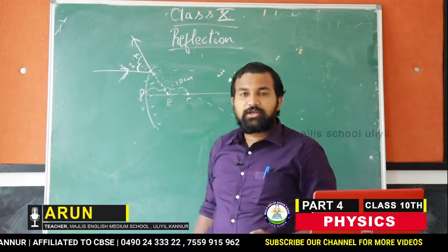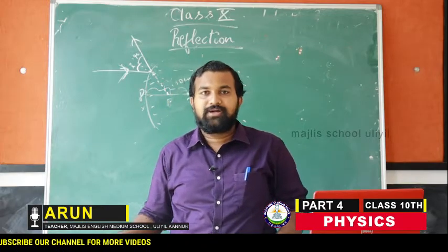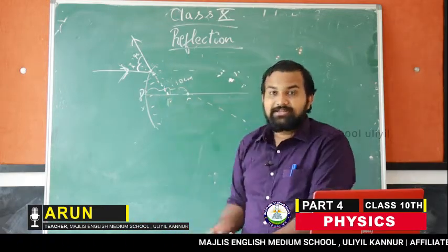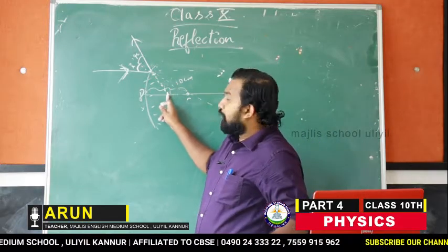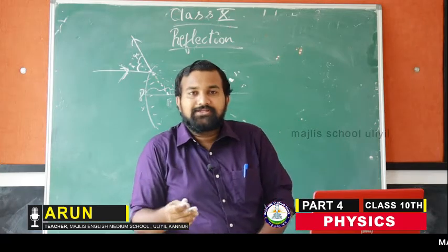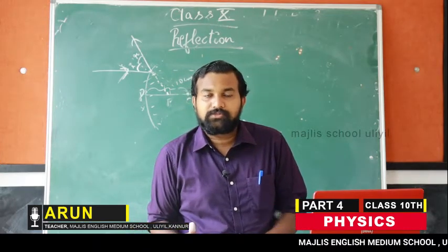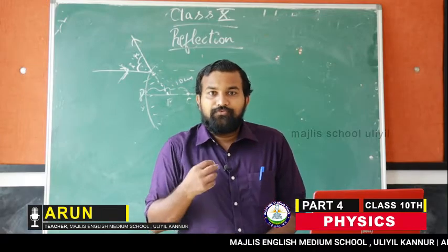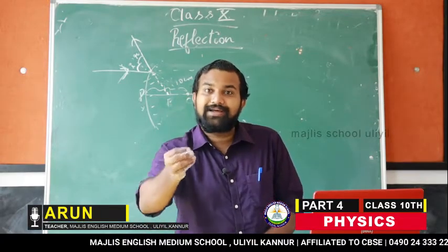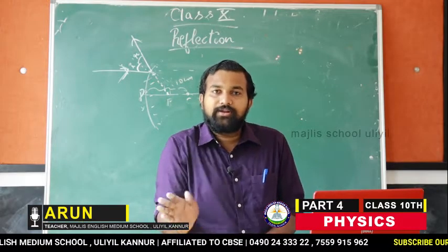Okay, in the case of concave mirror, we have seen that the light ray is originally passing through the focus, but here we'll be imagining that the light ray is coming from the focus. So how are we imagining it? Like when we are standing in front of a plane mirror at home, we are seeing ourselves in the mirror, but we are imagining that someone is standing there. It's not a real image, it is virtual.